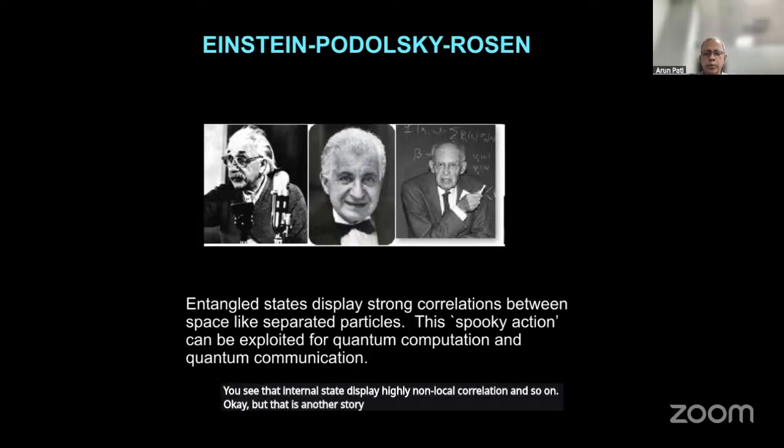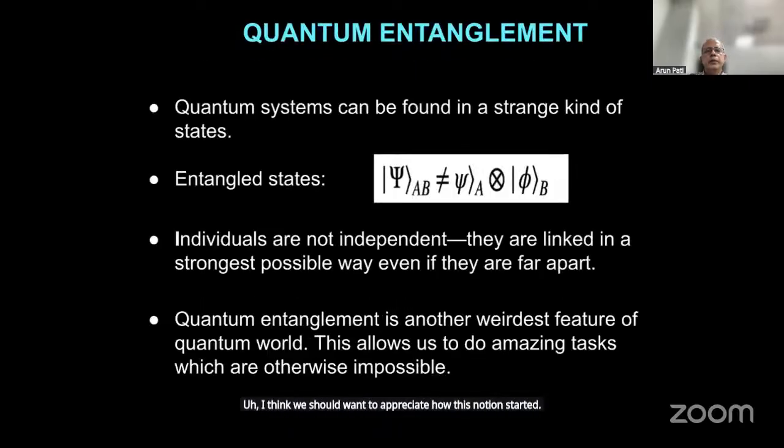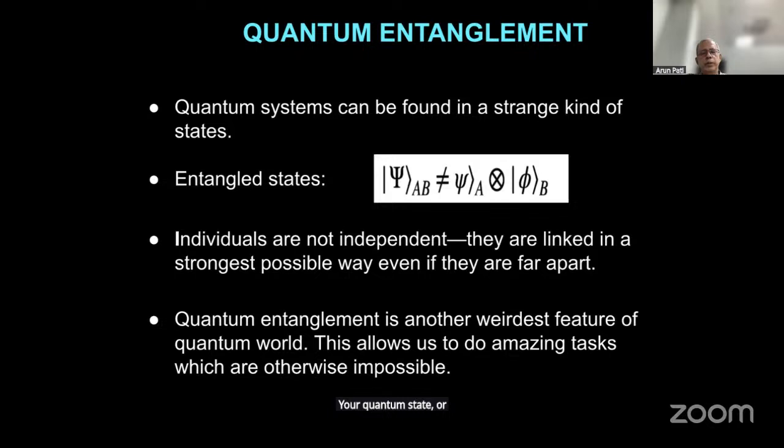I'm not going to tell you about all those things, but I think this was to appreciate how this notion started. Now, what exactly is quantum entanglement? If you have a quantum system that consists of two or more particles, then your quantum system can be found in a strange kind of state.